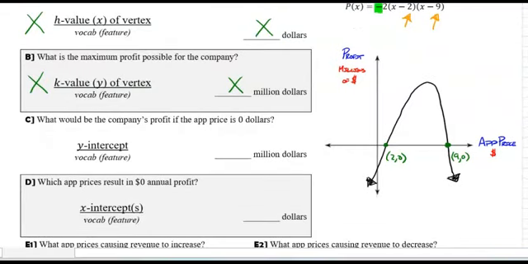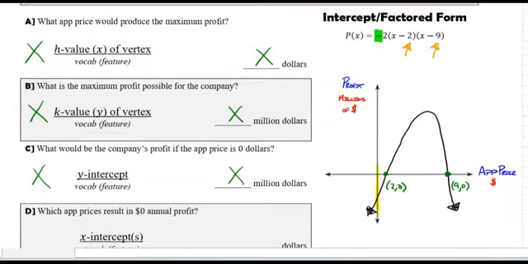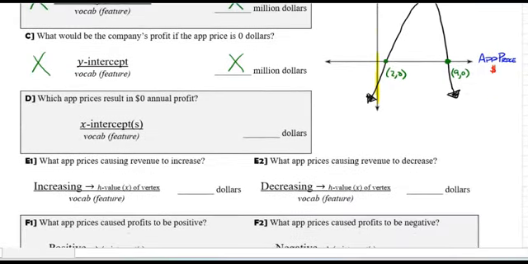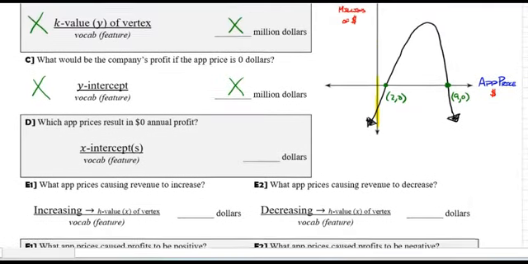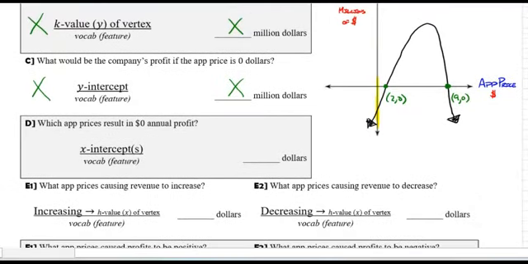Well, what would the company's profit be if the app price was $0? Well, this is the y-intercept, where we're looking for the key point that shows up on the y-axis. And once again, we'll notice that we are unable to answer this question using this form of the quadratic. Well, what app prices result in 0 annual profit?